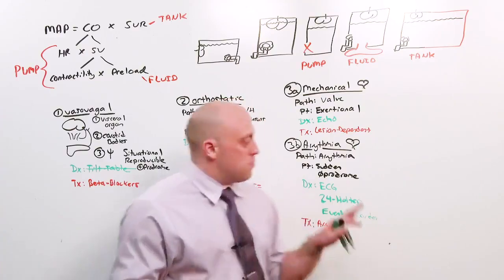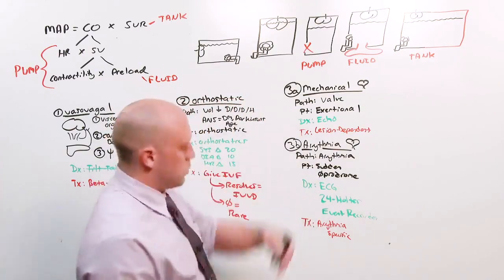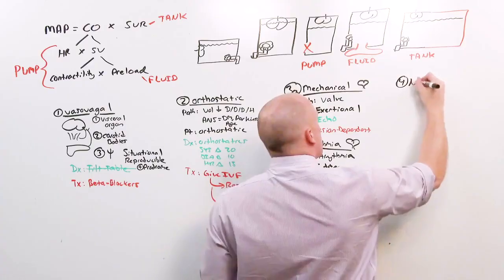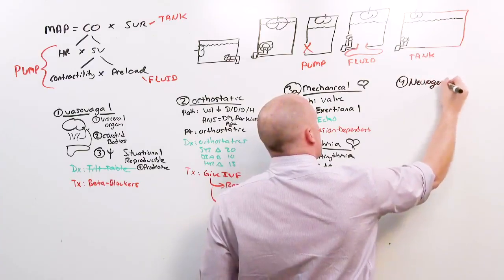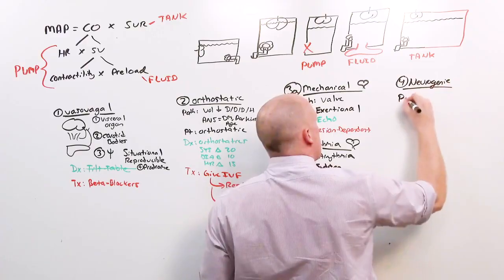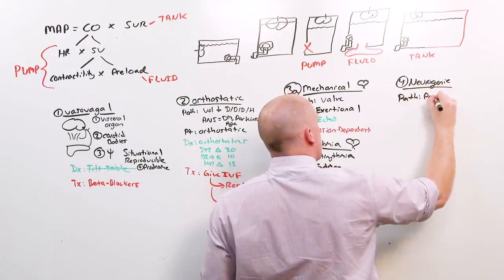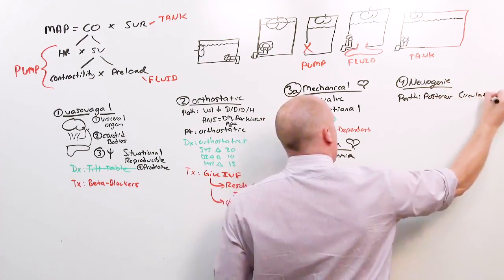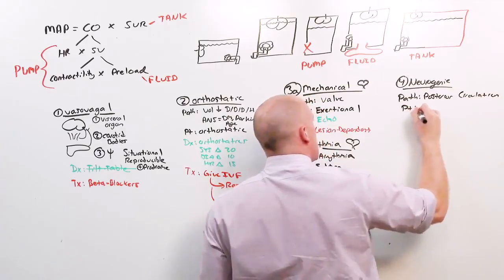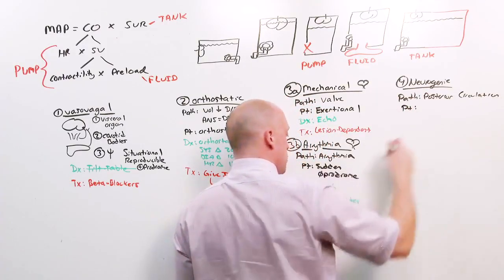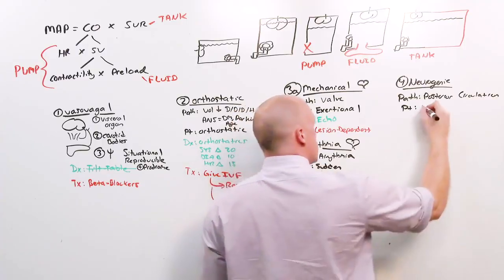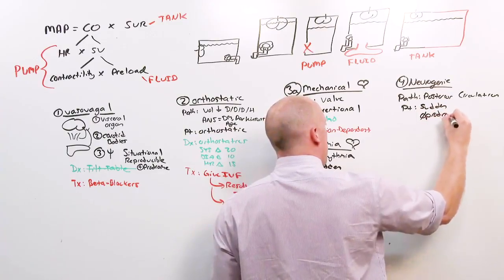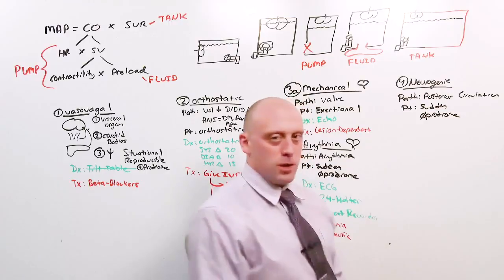Now, this doesn't really meet with our model, this next one, but number 4 is neurogenic. And neurogenic is a problem with the posterior circulation. And here's the thing. The patient with neurogenic syncope, that is posterior circulation, poor flow, is going to be sudden and have no prodrome, just like arrhythmia.